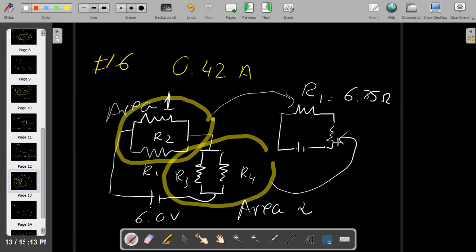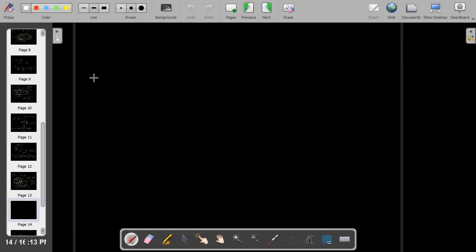Very good. So now we're going to try to find the resistance for area number 2. So let's find the total resistance for this area right here. Let me get another page. And once again, it's the same formula we used before because it's still in parallel, but it looks like this.